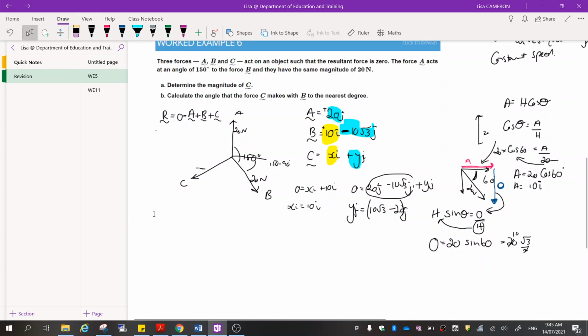Magnitude is not the resultant vector, it's squaring our C vector, which means I'm going to do 10 squared plus (10 root 3 minus 20) squared. You can do this algebraically if you are feeling so inclined, but I'm going to be chucking it straight in the calculator to save myself some time.